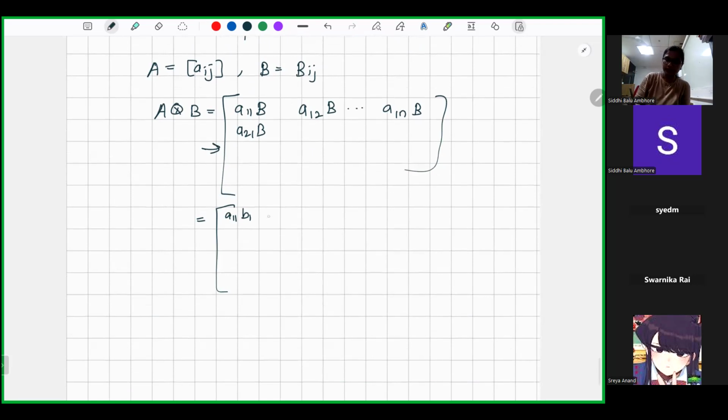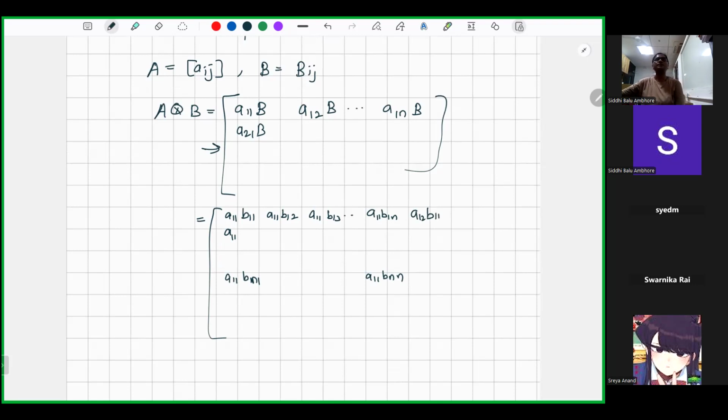It is A11 B11, A11 B12, A11 B13, and so on, and similarly along the column, it is the entire matrix A11 times B, and the next row starts with A12 again with B11, and so on.